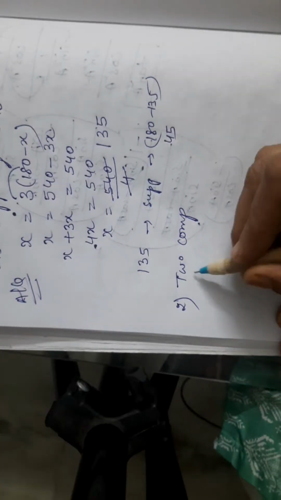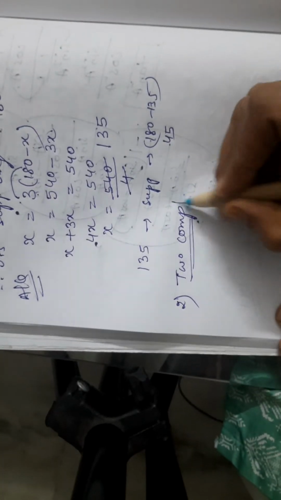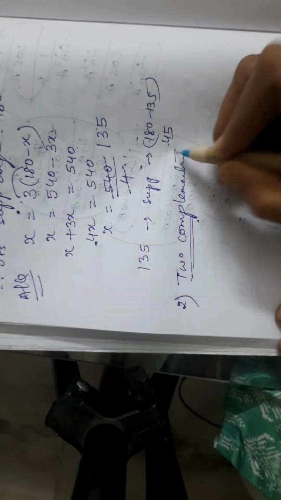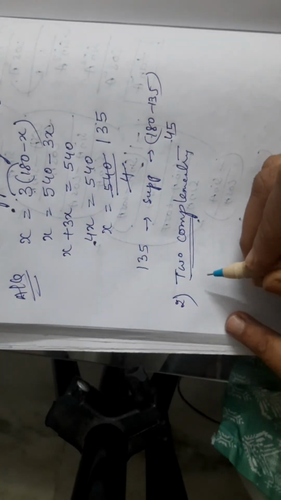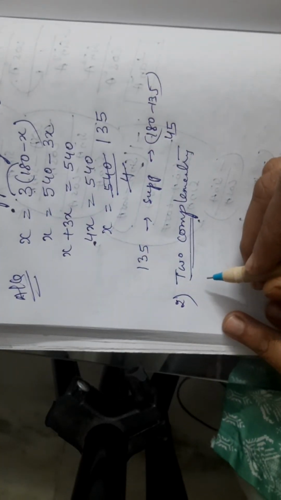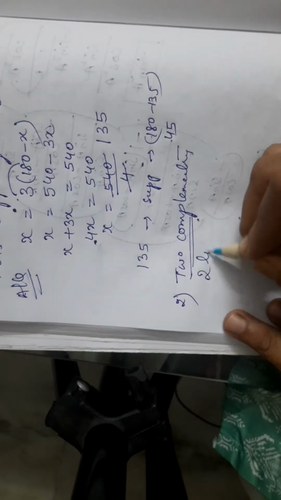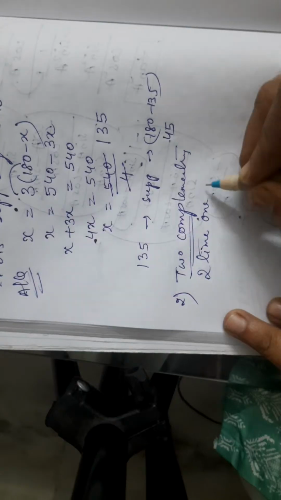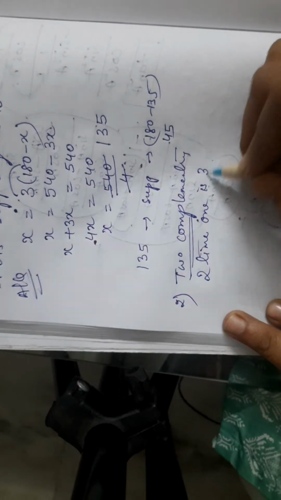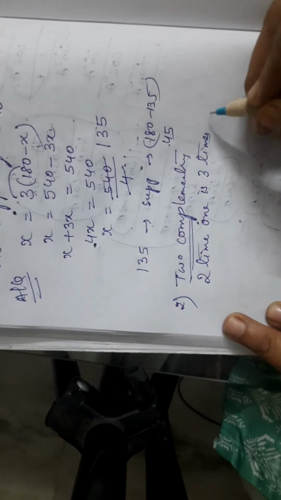Now the condition is given, out of these two complementary angles, 2 times the measure of one is 3 times the other.